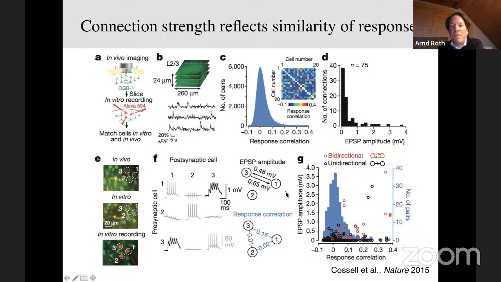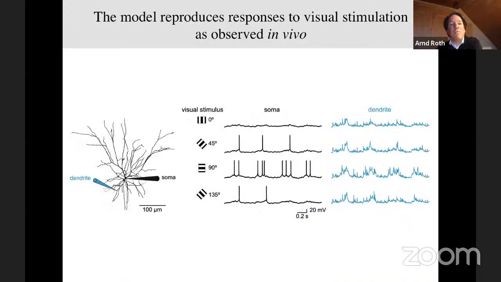And the key finding is that similarity in response selects for, but not exclusively, strong synapses. So we built that in. In our model, we have neurons that have a similar visual tuning, preferentially, but not exclusively, connected by the stronger synapses. And when we do that, we can indeed get behaviors that look similar to what Spencer and Ikuko saw in vivo.